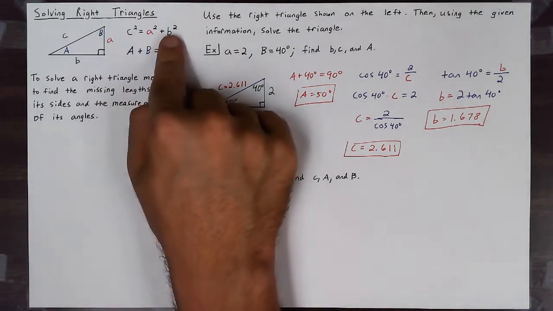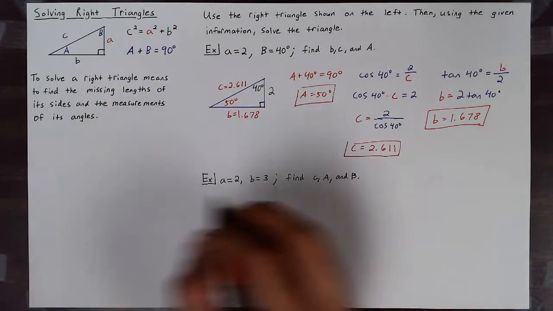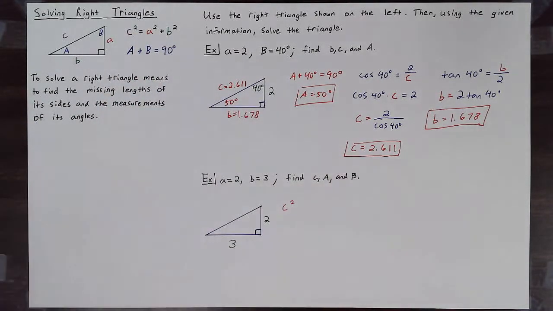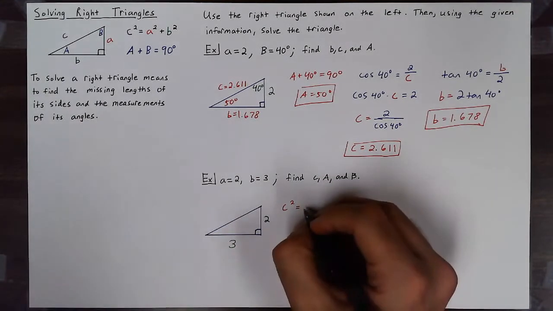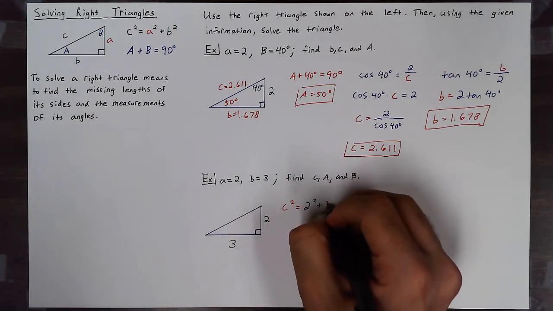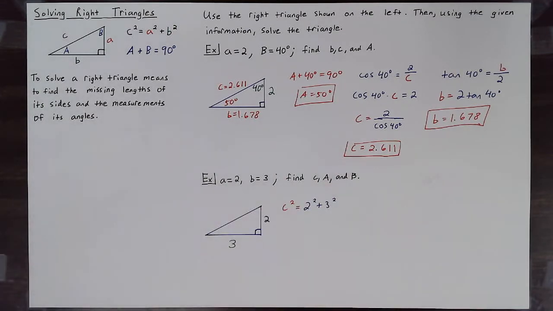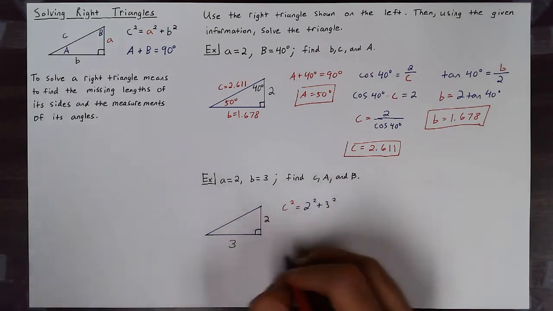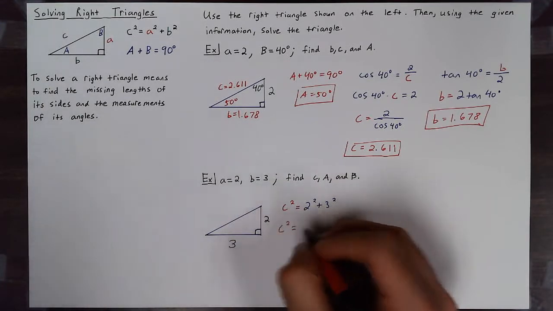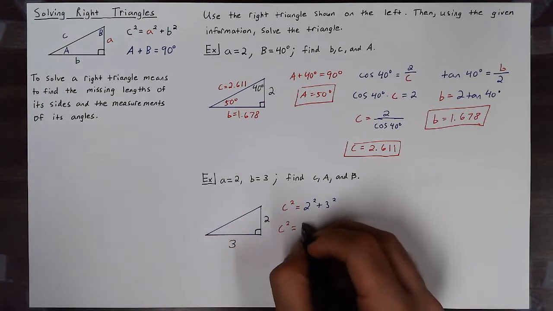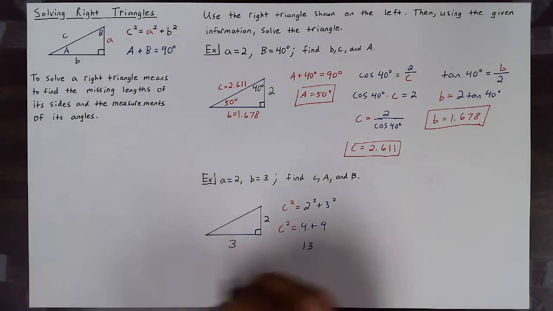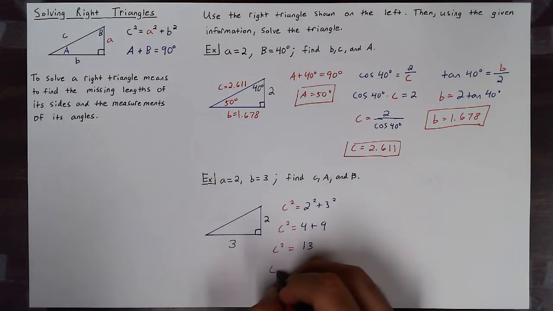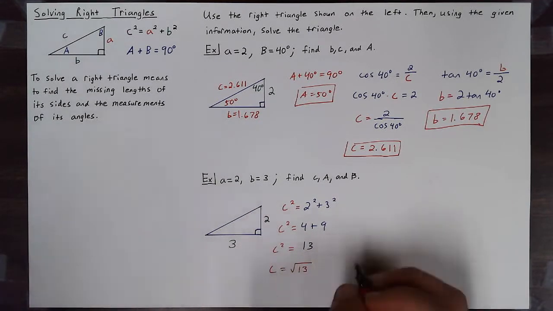Since I have the Pythagorean theorem, I can find that c squared is equal to a squared plus b squared. So 2 squared plus 3 squared, giving me c squared is equal to 4 plus 9, which is 13, making c equal to the square root of 13.